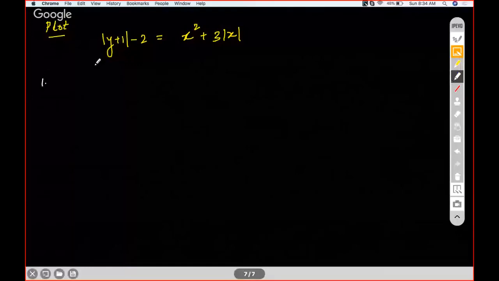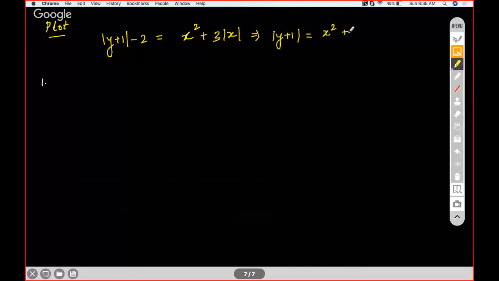Okay. So the first step is you are restructuring this equation and writing it as mod y plus 1 is equal to x square plus 3 mod x plus 2, and simply plotting x squared plus 3x plus 2 without the mod. So y is equal to x square plus 3x plus 2 without the mod. Okay, so plot that first.